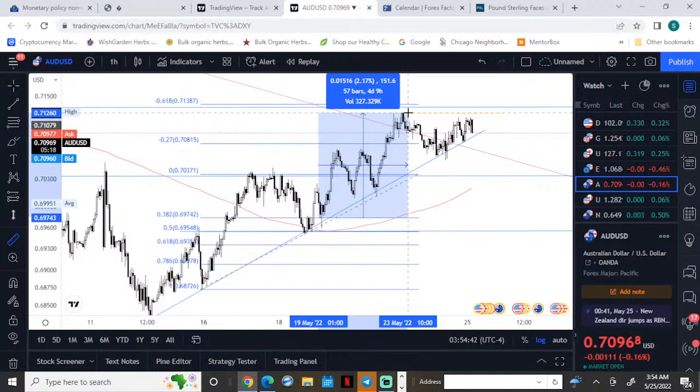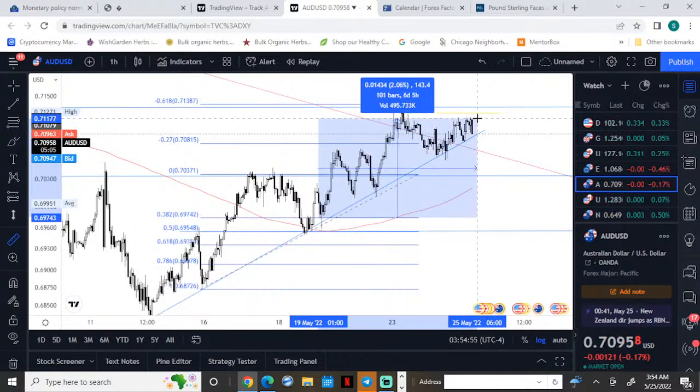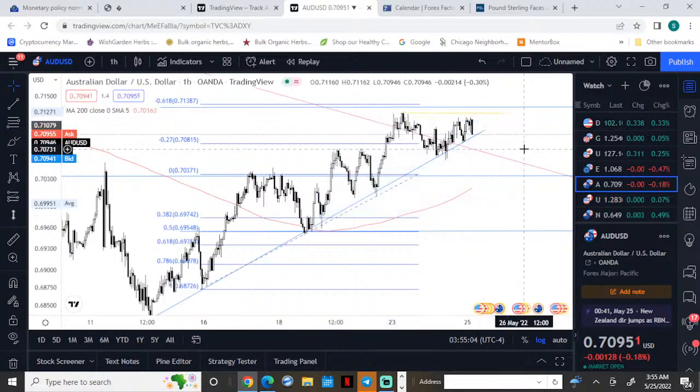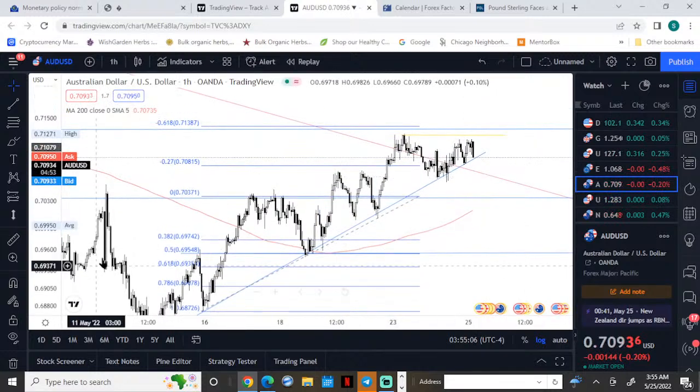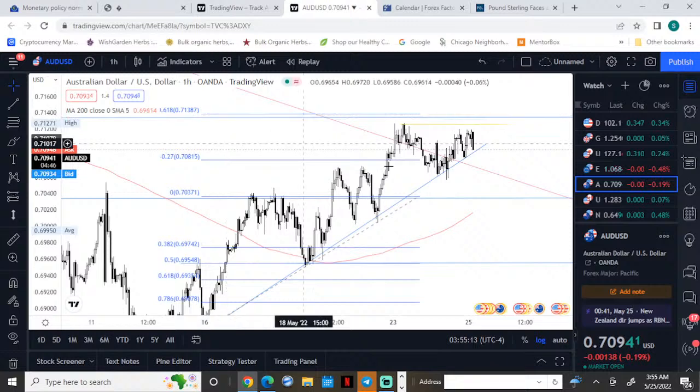And then I finally come and check a couple hours later and price is down here. My TP didn't get hit and I'm only up 95 pips. Now granted, 95 pips is still good. Could have been patient, waited for it to come back and still get 141 pips, but sometimes price doesn't always come back. So that's why I set mine like 15 to 20 pips away from the 618.